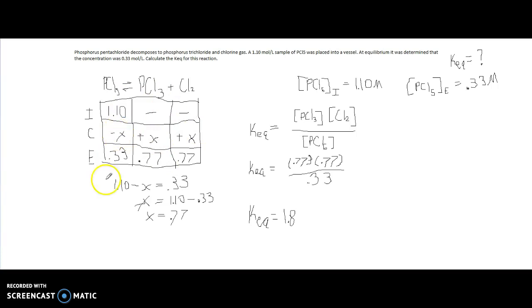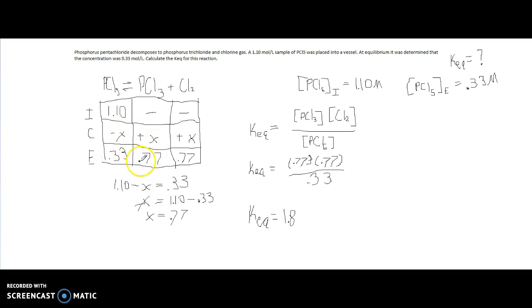For C, there are no coefficients in front of any of them, so on the reactant side it's just negative X, and for each of the products, it's just plus X, because there are no coefficients to mess up the numbers. And you also know this bottom one for the equilibrium for PCl5 is 0.33 because it gave it to you in the problem.